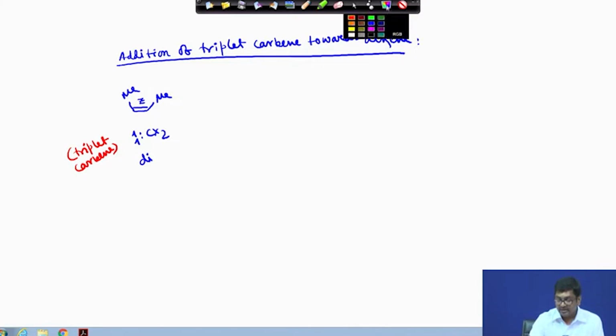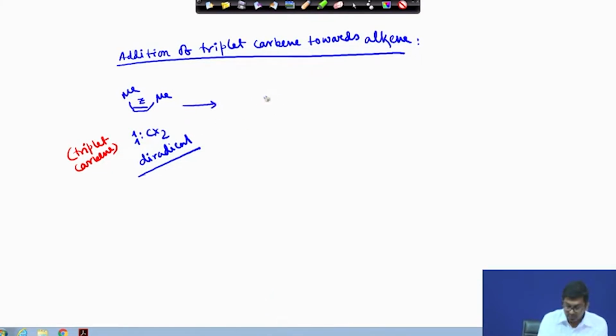In general, we have previously mentioned that their behavior is some kind of diradical. Now, how will this triplet carbene react with the olefin? If it reacts with this olefin, initially it will generate this type of intermediate, something like this.